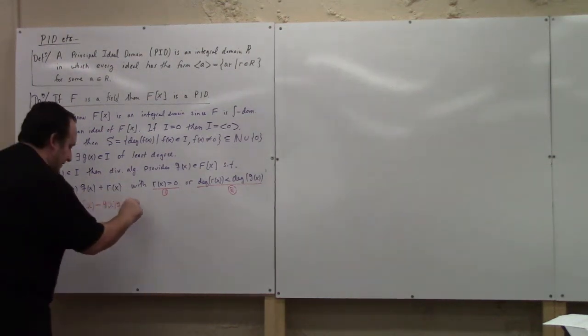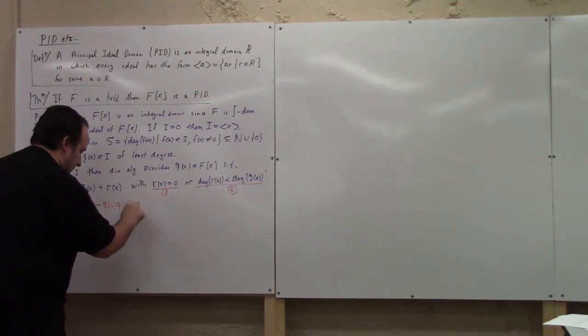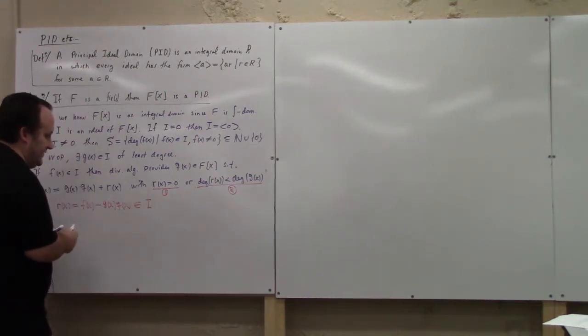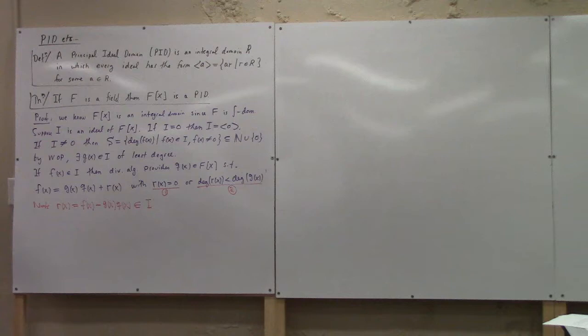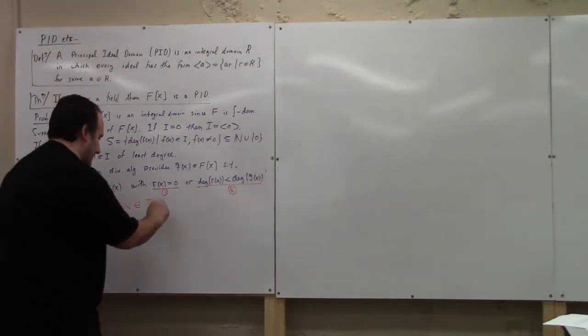That means that r(x) is an element of the ideal, using the definition of ideal, closed under multiplication and subtraction. But then that's a problem, because then r(x) is an element of the ideal of lesser degree, if 2 is true. So this rules out 2.